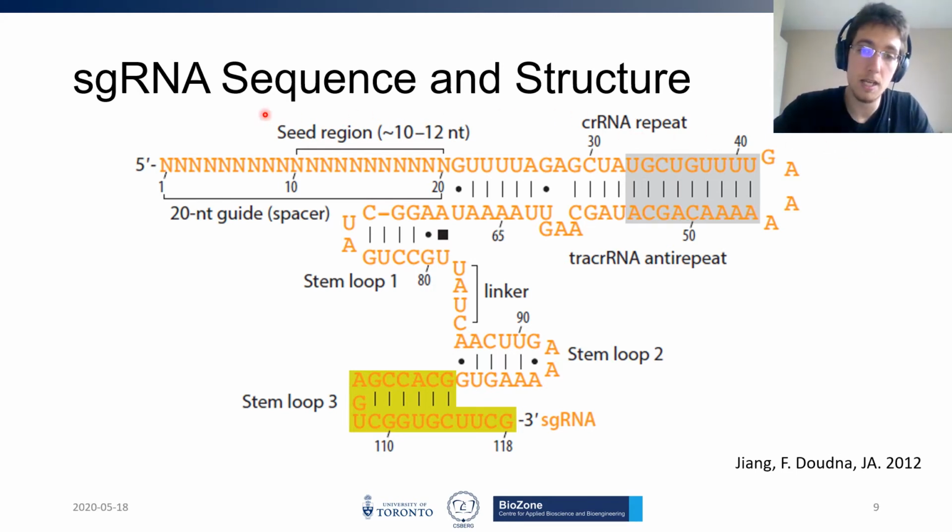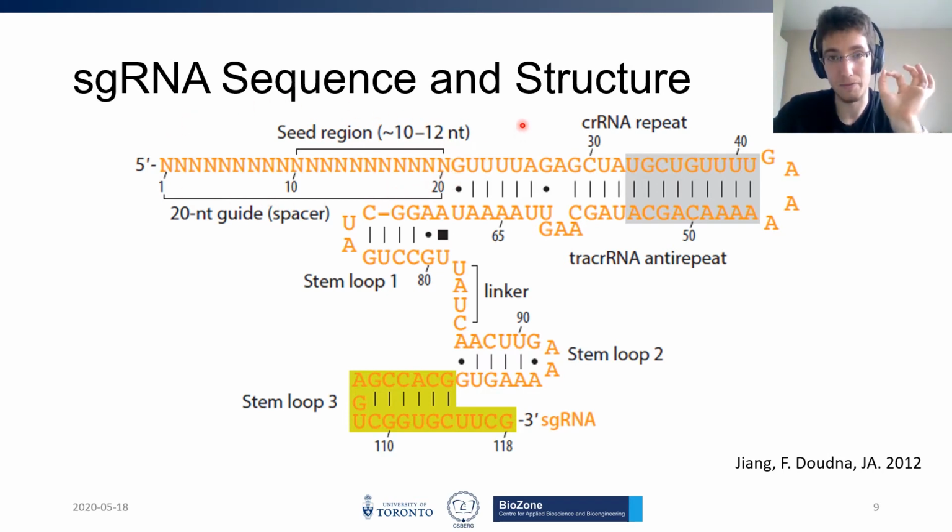This is what the guide RNA looks like in RNA form, okay? And importantly to note, these Ns here, these 20 Ns represent the spacer. So if you're a researcher and you want to target a specific piece of DNA, you find the sequence that you're interested in, you take that sequence and literally put it where these Ns are, okay?